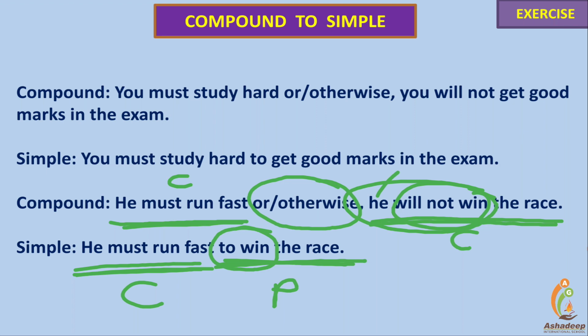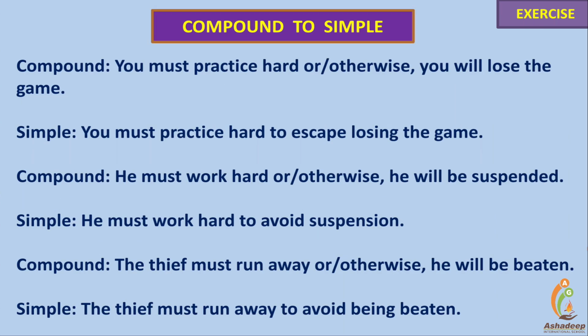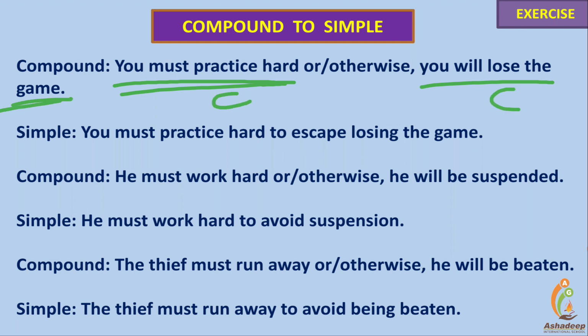Next one. You must practice hard or otherwise you will lose the game. Both are clauses. "Or otherwise" is a coordinating conjunction. You must practice hard has remained the same. It was a clause, it is still a clause.